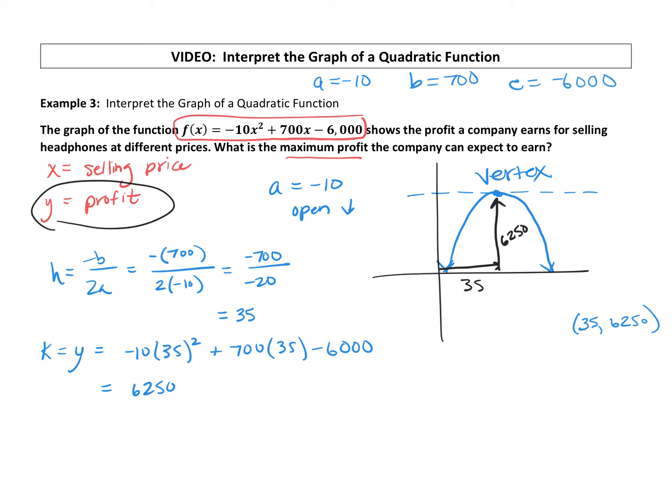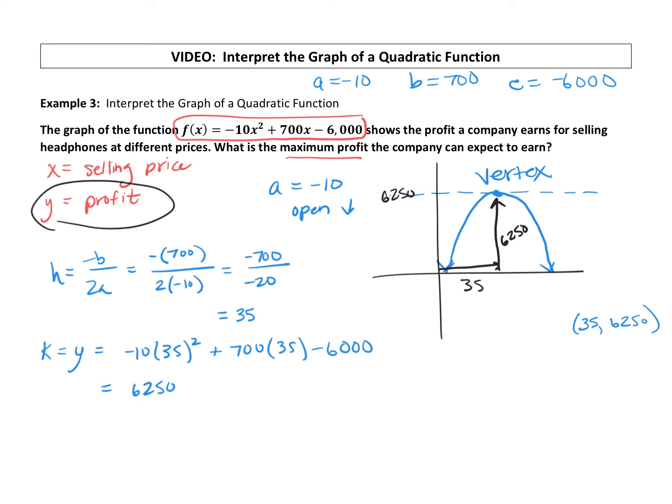Well, we can see it goes all the way up to 6,250, because in order to get to this vertex, we would go over 35, and then you would go up 6,250, that's the y value of your vertex, to plot a point right there. So the highest this graph gets is 6,250.